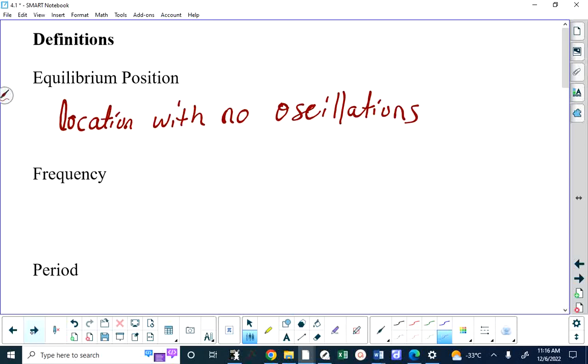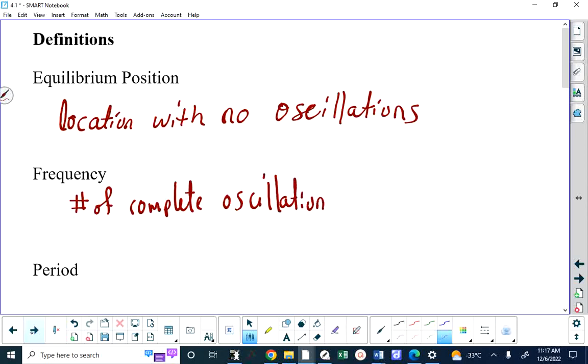The frequency of a simple harmonic oscillator is how many times it goes through a complete cycle in a second. So it's the number of complete oscillations in 1 second. And it's measured in hertz.